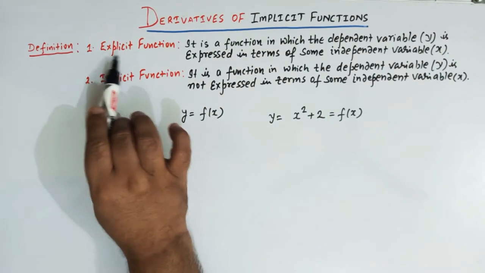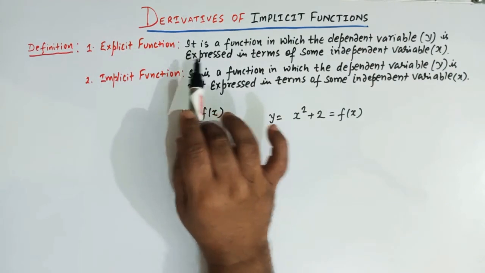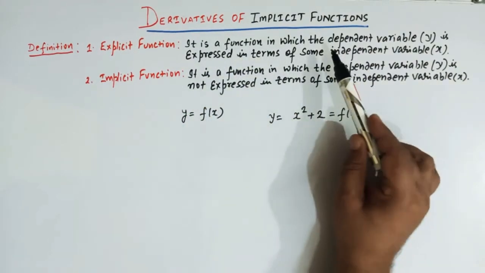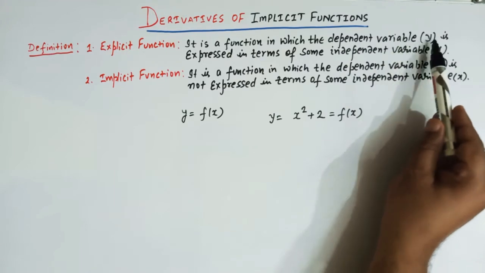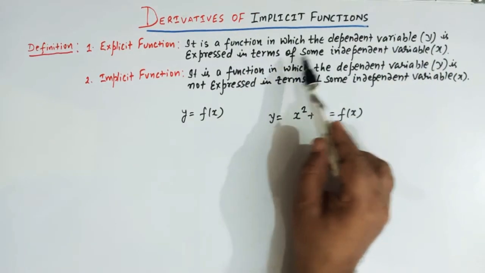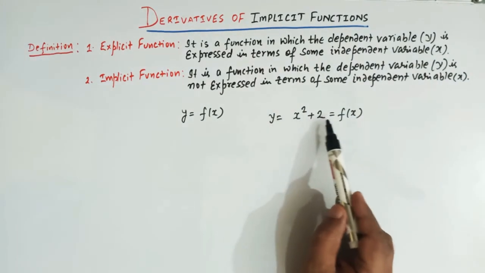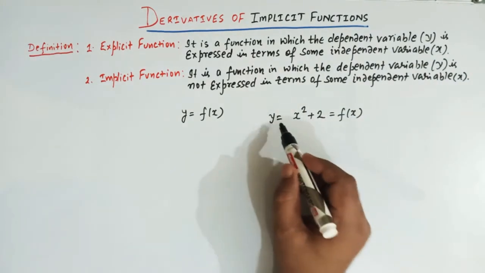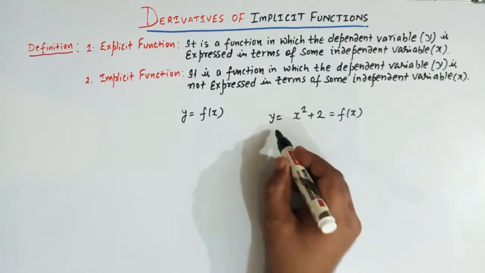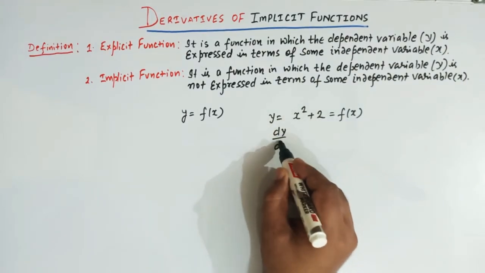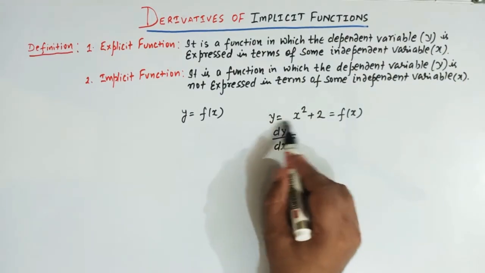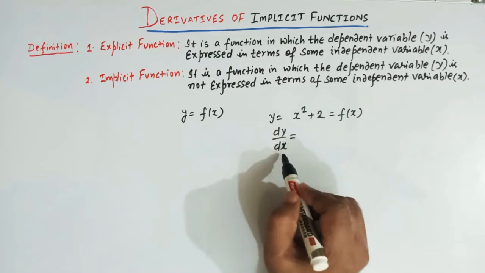So the definition of explicit function is, it is a function in which the dependent variable y is expressed in terms of some independent variable x. So here we have taken an example, and suppose we want to differentiate it. Then we'll differentiate both sides with respect to x.